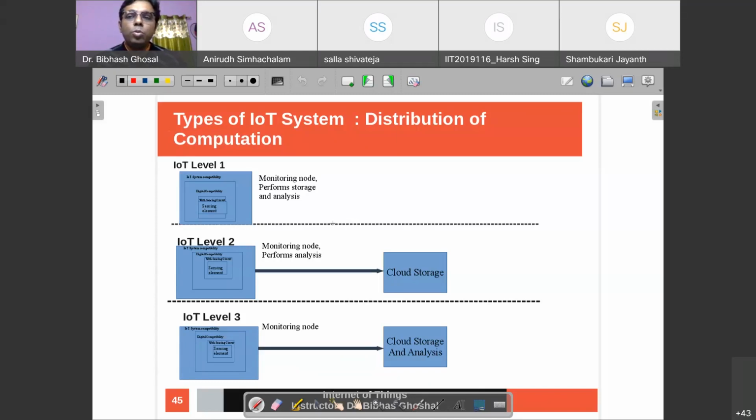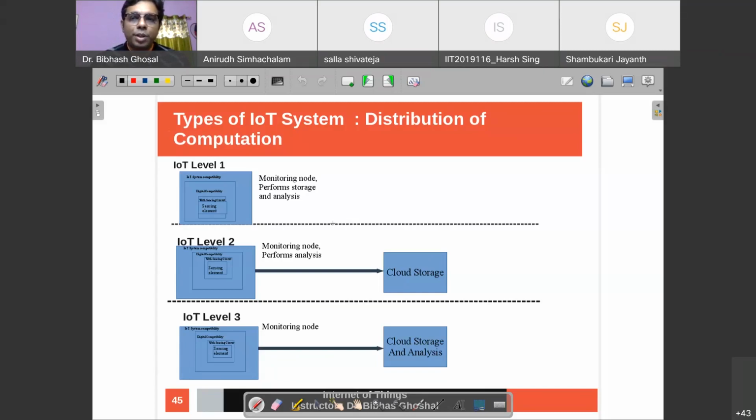In IoT level 2, we saw that the sensor node was doing data acquisition, that is monitoring, and some preliminary analysis was being done. And the storage was done in the cloud. So look at the IoT level 2 difference.